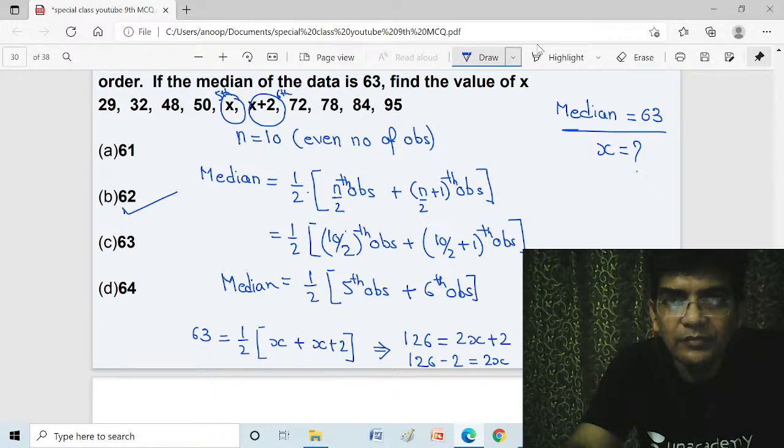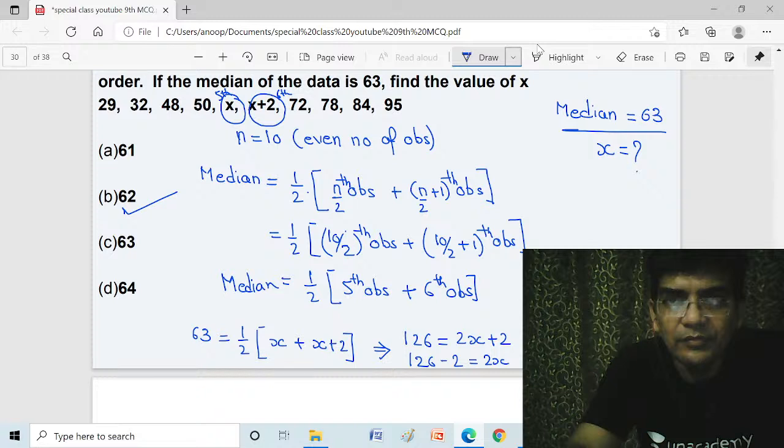Now the next question says if 3 coins are tossed, then find the number of outcomes. Let me explain. When 3 coins are tossed, the sample space is like this. One chance is we may get head on all the 3.